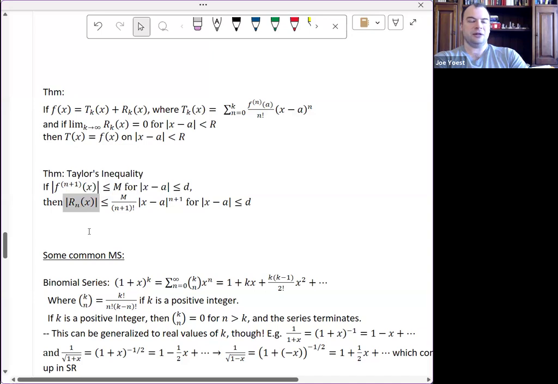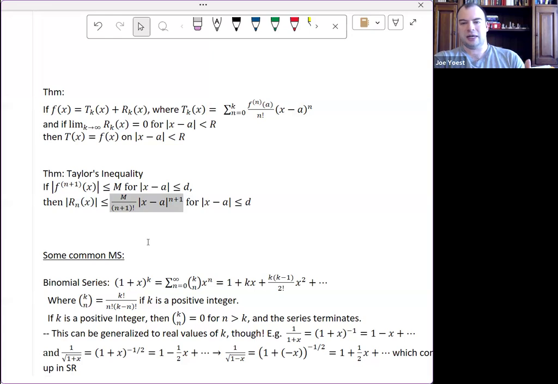So the size of the remainder, the size of the error, basically what it looks like, remember we went out to the kth partial sum. So we went out to the kth term that looks like this. And this thing here kind of just looks like the k plus 1st term, right? We have something over n plus 1 factorial times x minus a to the n plus 1.